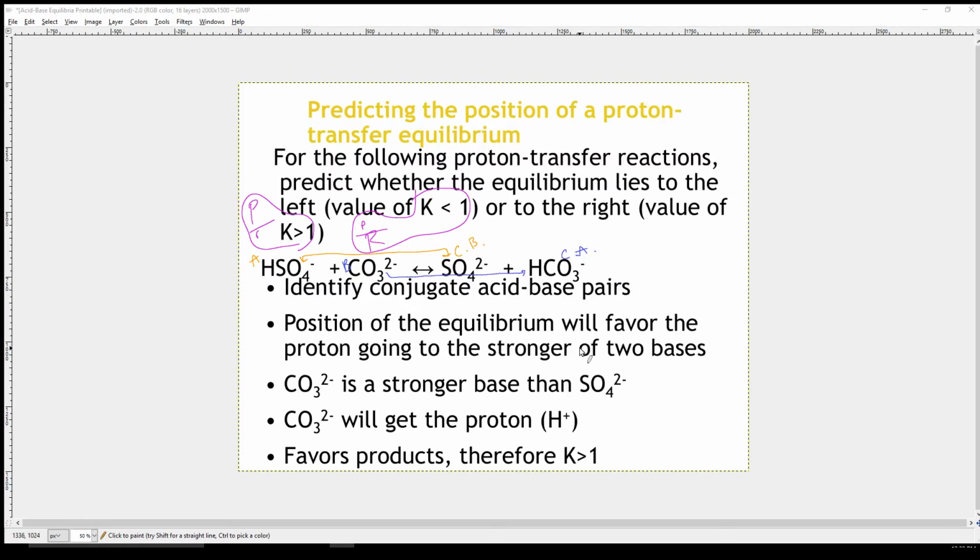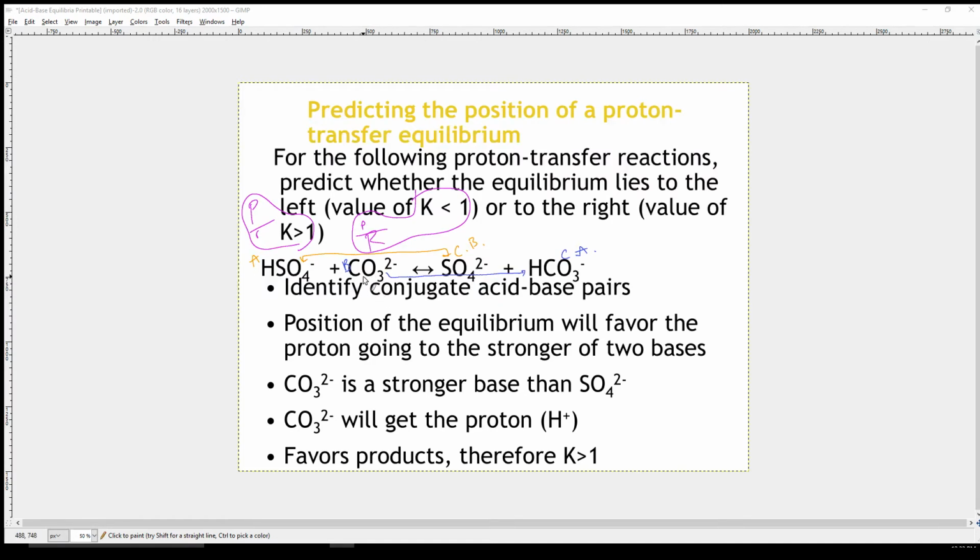Okay, so let's look at the bases here. In our CO3 2 minus, we have carbon compared to sulfur, and if you look at them on the periodic table, our carbon is more electronegative than our sulfur, and in addition, it has fewer oxygens. We know the fewer oxygens we have, the less those electrons are pulled away from the hydrogen.